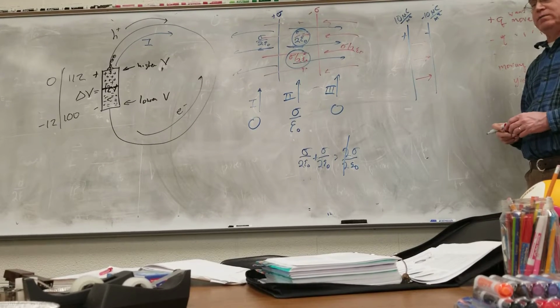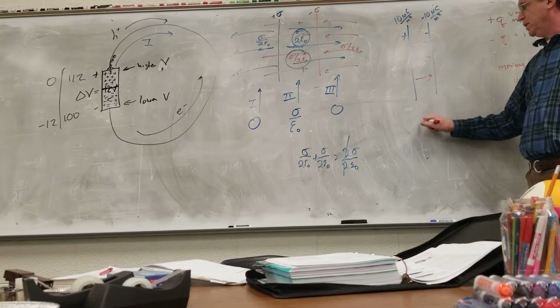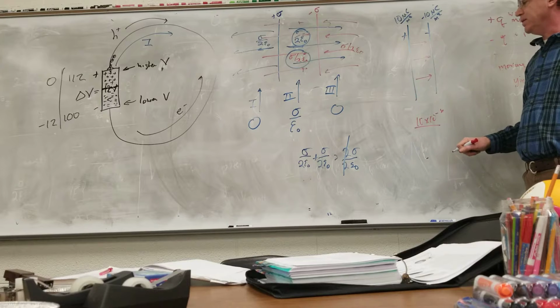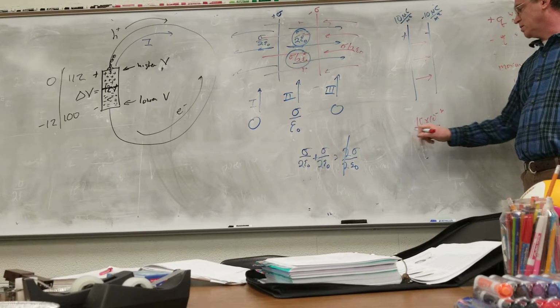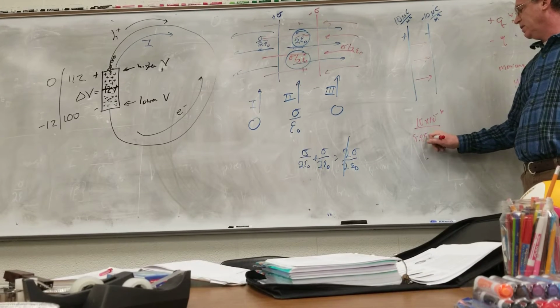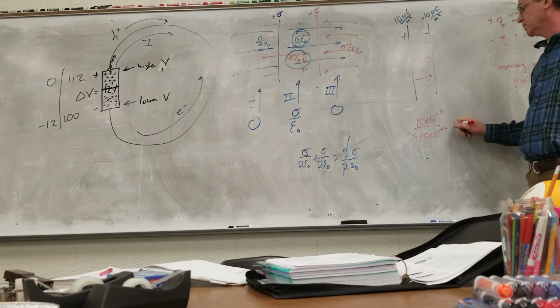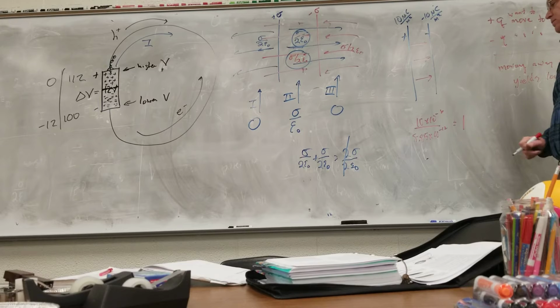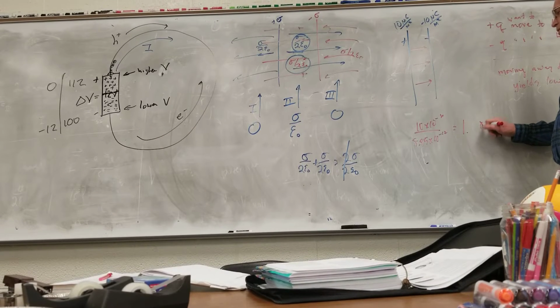And the magnitude of it, well, it's 10 times 10 to the negative 6th divided by epsilon sub naught, 8.85 times 10 to the negative 12. One point something times 10 to the 6th. About 1.2.